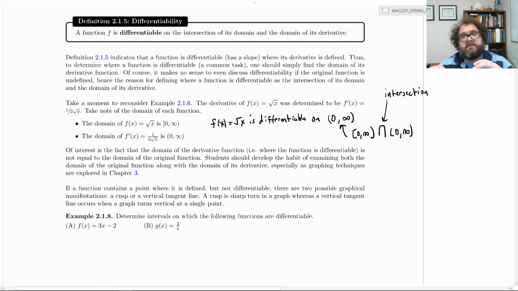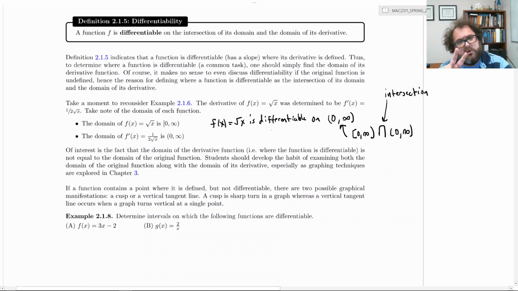Okay, so what does it mean if there's a point where a function is not differentiable? There are two graphical manifestations. Here the function is defined at 0. You can plug 0 into the square root function, and the square root of 0 is 0. So what does it mean for the function to not be differentiable at 0 though?